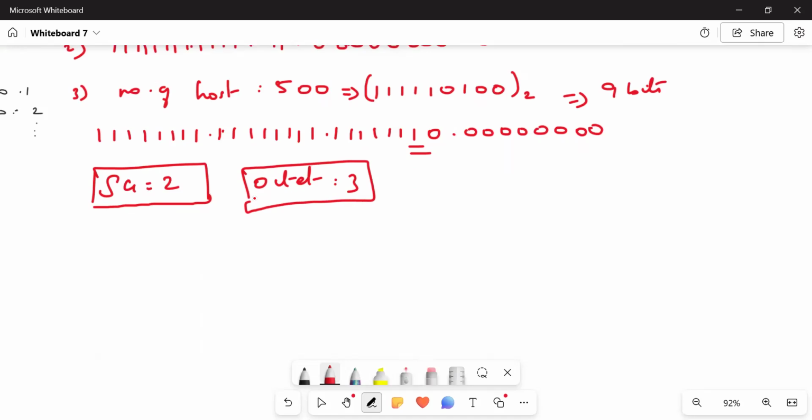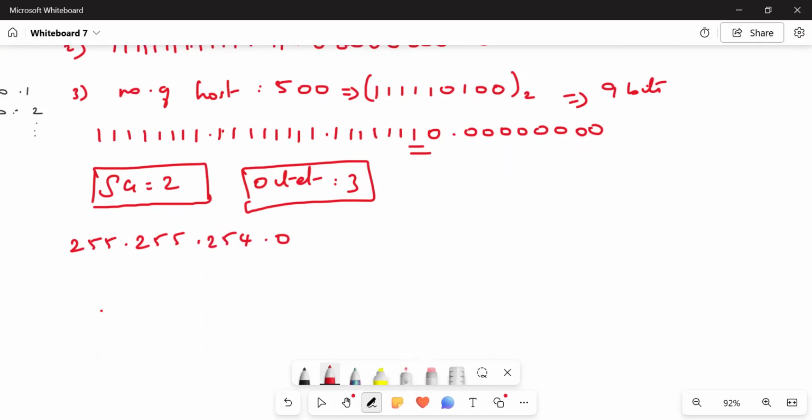Now we can write the new default subnet mask in decimal notation: 255.255.254.0. In slash notation, the number of ones gives us slash 23.